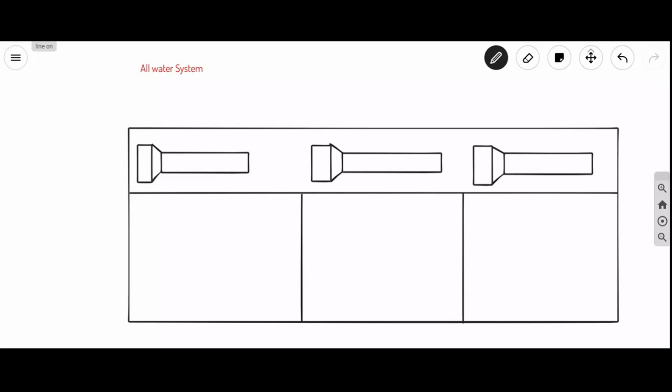Fan coil units, or terminal units, are available in a capacity from 1 TR to 3.5 TR. That means 400 CFM to 1400 CFM.